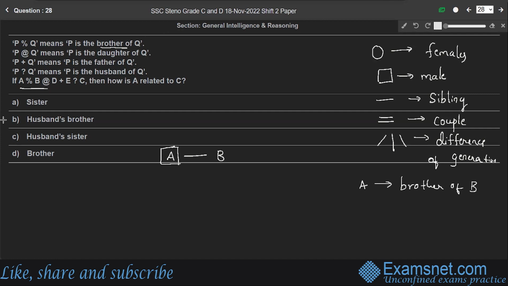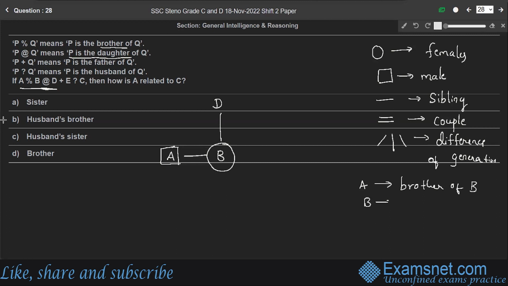Next one, B at the rate D in the question. At the rate B, D means the first person is the daughter of the second person. Here B is the daughter of D, therefore B is female, daughter of D, therefore difference of generation.